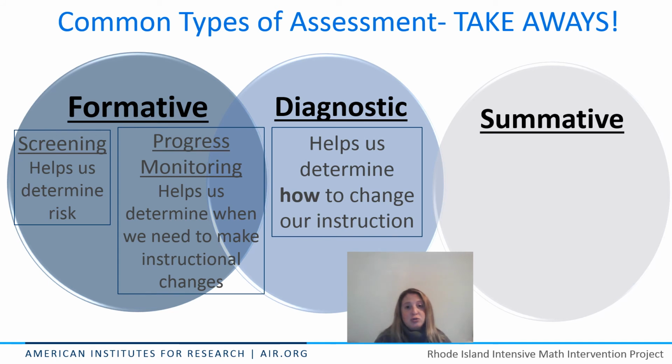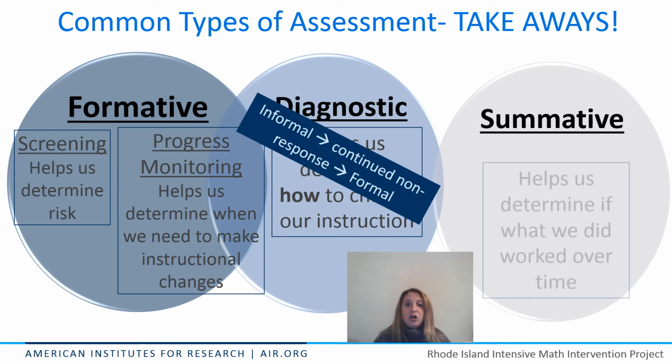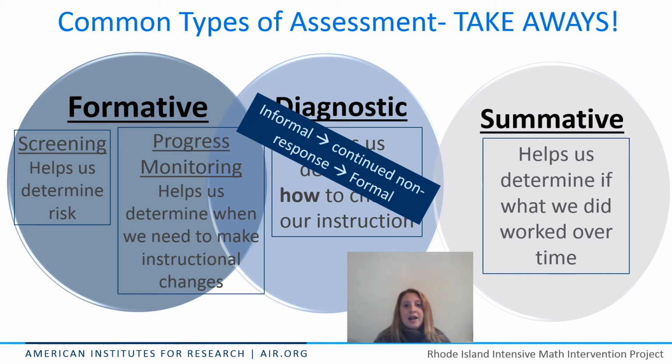You may also use more formal diagnostics on individual students that are truly at risk, those true positives for not achieving academic outcomes. Remember, this is often a very small percentage of students. Lastly, are summative assessments. This is for true curricular and outcome assessments. It helps us determine if what we did worked over time.